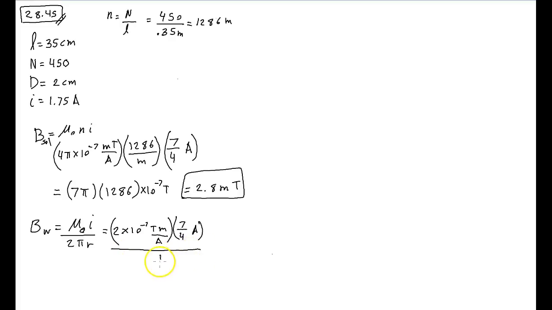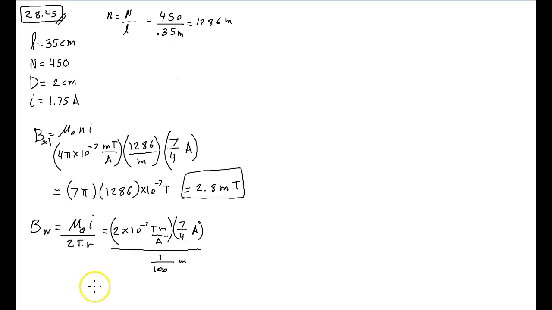This 100 comes up top, 200, 200 divided by 4 is 50, 50 times 7 is 350. 350 times 10 to the minus 7 is 3.5 times 10 to the minus 5 Teslas, which would be 35 microteslas.